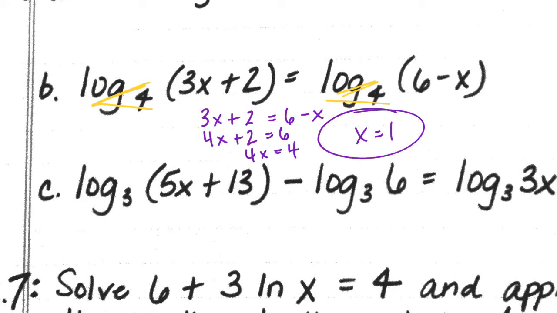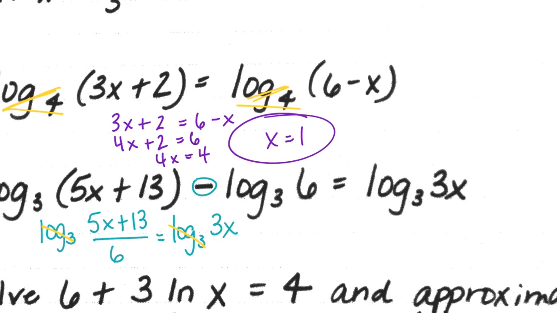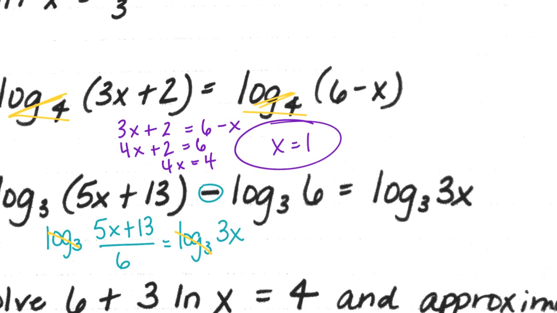Remember, because of the subtraction, I know this is going to be log base 3 of 5x plus 13 over 6, and that's equal to log base 3 of 3x. When I have a log base 3 and a log base 3, those can cancel out. So again, we're back to algebra 1. 5x plus 13 over 6 is equal to 3x. And I'm just going to put this over 1.